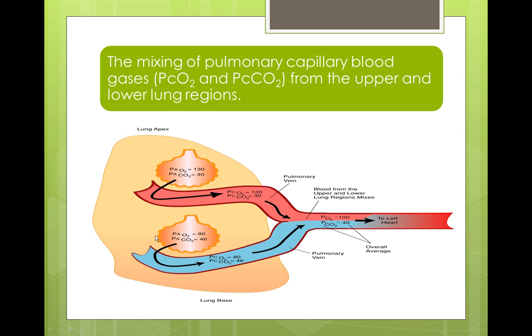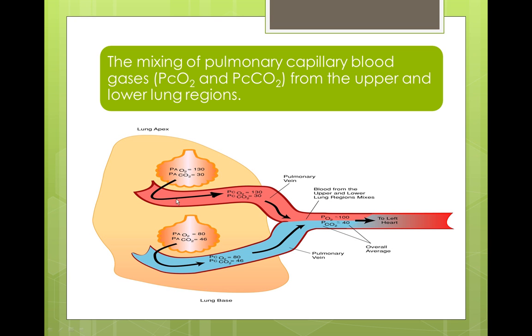So this is the apex and this is the base. Look at the difference in the alveolar oxygen here and the alveolar oxygen here. That's a 50 millimeter difference. The CO2, again, there's a 16 millimeter difference. So you have a much higher CO2 value in the base and a much lower oxygen level in the base.